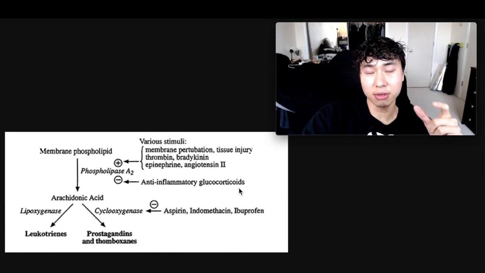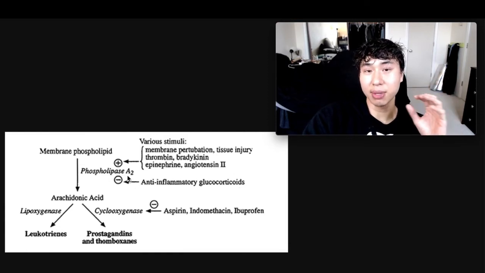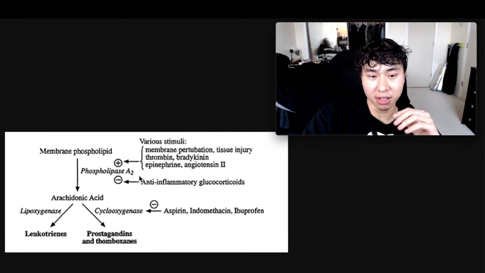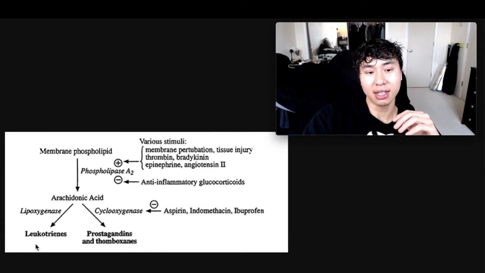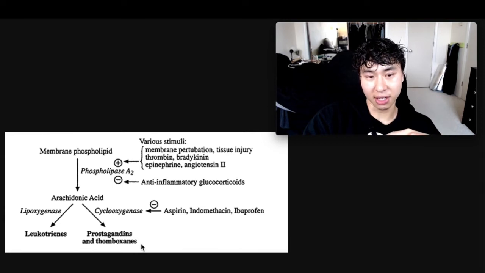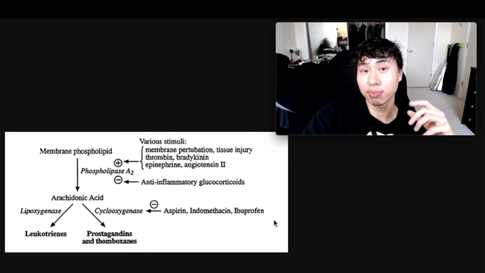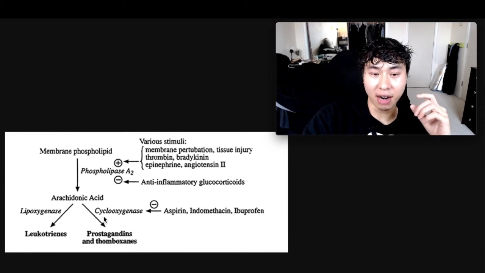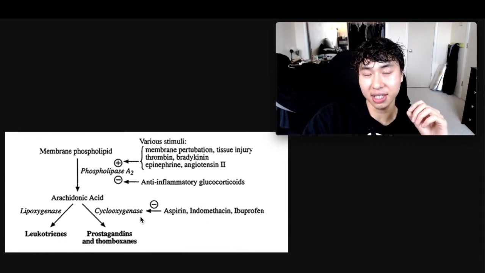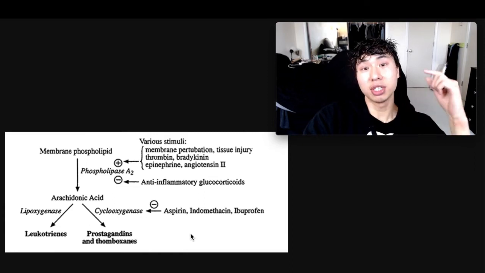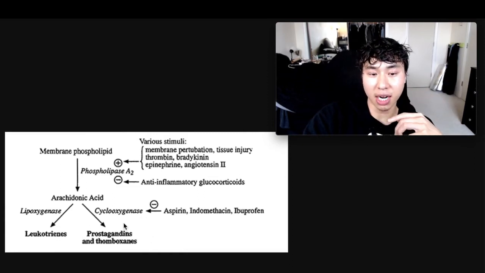And what they do is reduce phospholipase A2 so that it downregulates arachidonic acid and downregulates leukotrienes and prostaglandins. Another common drug is aspirin and ibuprofen. And what it does is downregulates the cyclooxygenase enzyme to help reduce the production of prostaglandins.